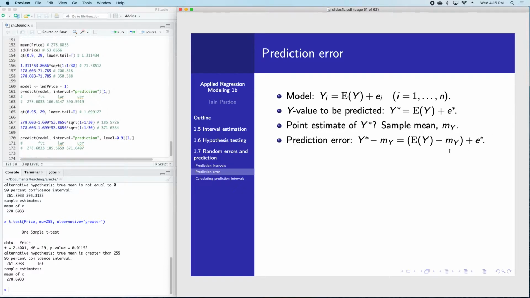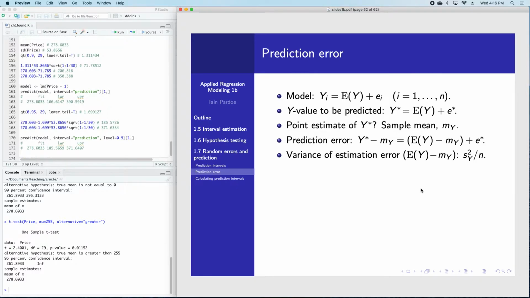I've just rearranged this equation because I want to group together E of y and y bar, and leave e star outside. The reason is that we could think of the difference between the population mean and the sample mean as estimation error, and then we can think of the e star as random error.